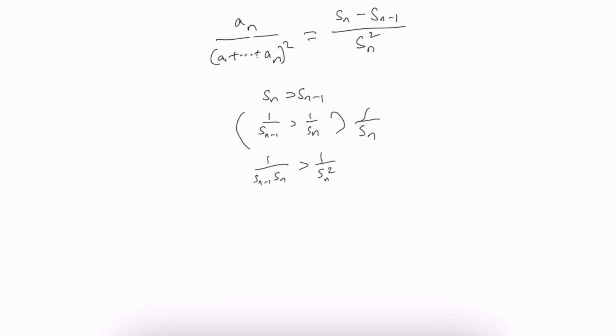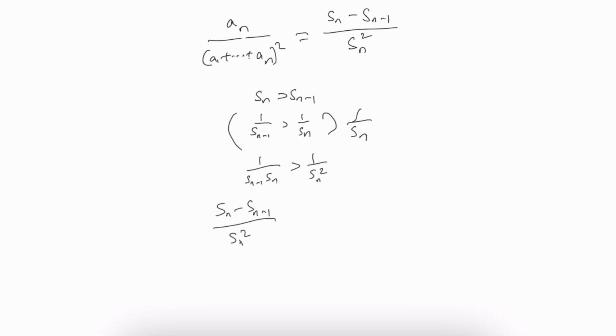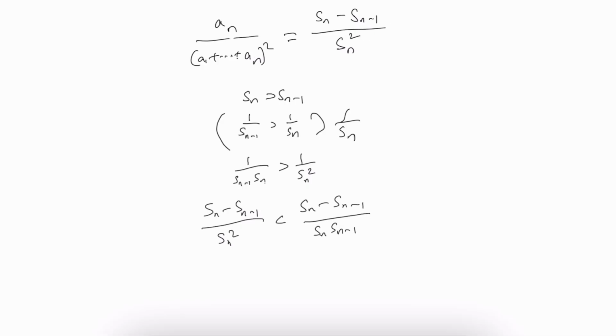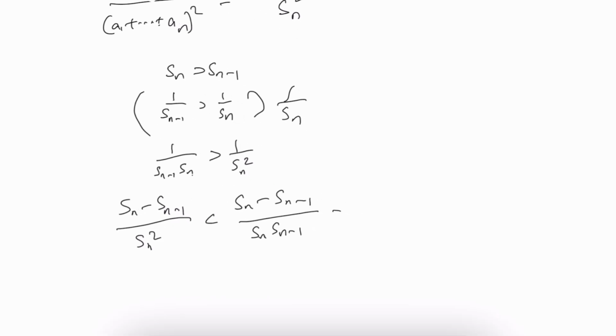So we actually have that s sub n minus s sub n minus 1 over s sub n squared is less than s sub n minus s sub n minus 1 over, right, our desired form, s sub n times s sub n minus 1, which is equal to 1 over s sub n minus 1 minus 1 over s sub n, sorry.